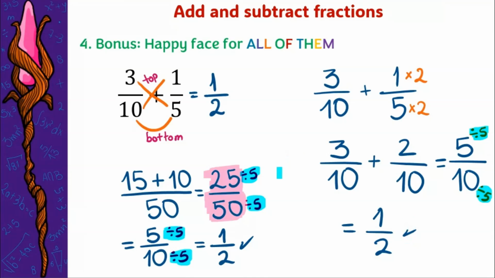For some operations, the happy face gives you big numbers, so it would be better to use an alternative method. But if you don't remember how to do this, because that happens sometimes, then go with the happy face. You are going to get the same result. It's just that you are going to have a little more trouble simplifying, but the answer is the same.